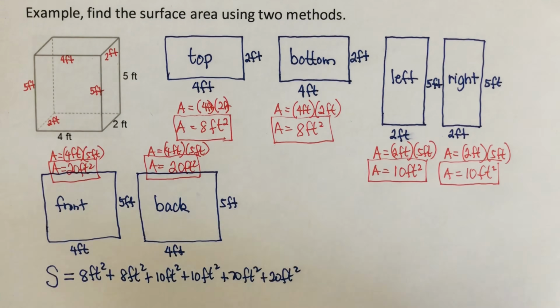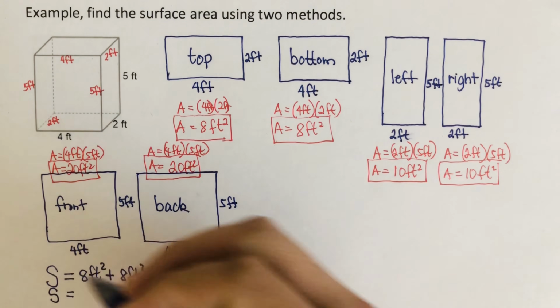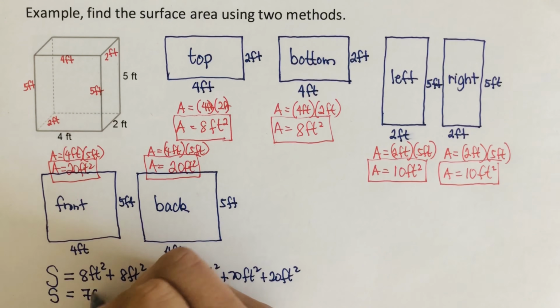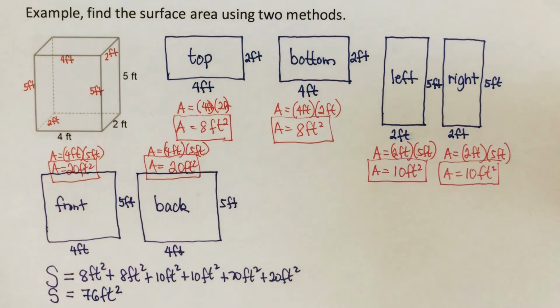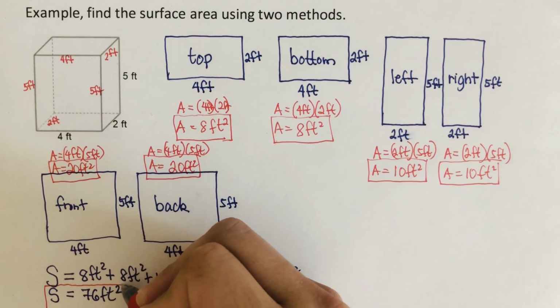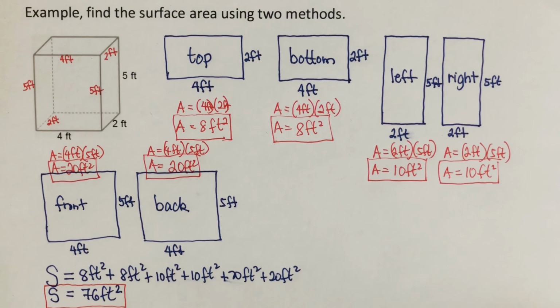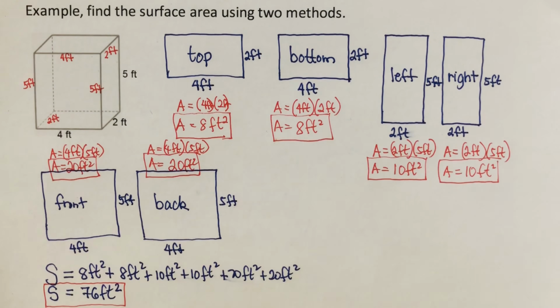If we add all of these together, this would come out to be 76 feet squared. So this is our surface area. That's the first method that we did: we find the area for each of the faces and add them all up together.